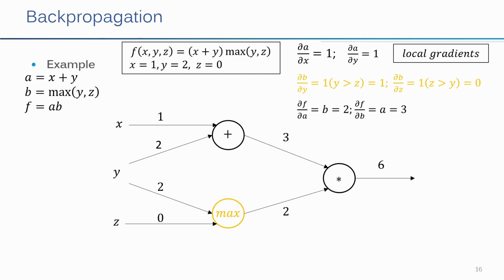So we get y, and the derivative of that is 1. If we consider the derivative of b with respect to z, it would also be 1 in case z is greater than y, but that's not our case. So the local gradient for z will be 0.